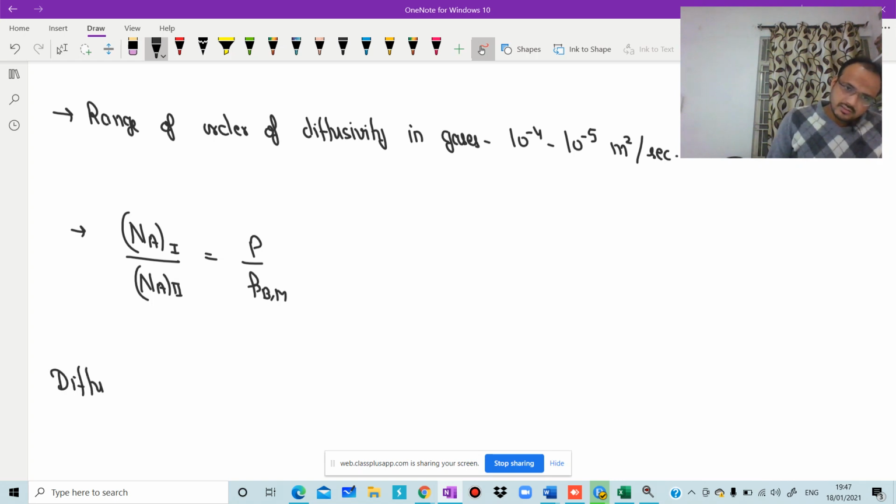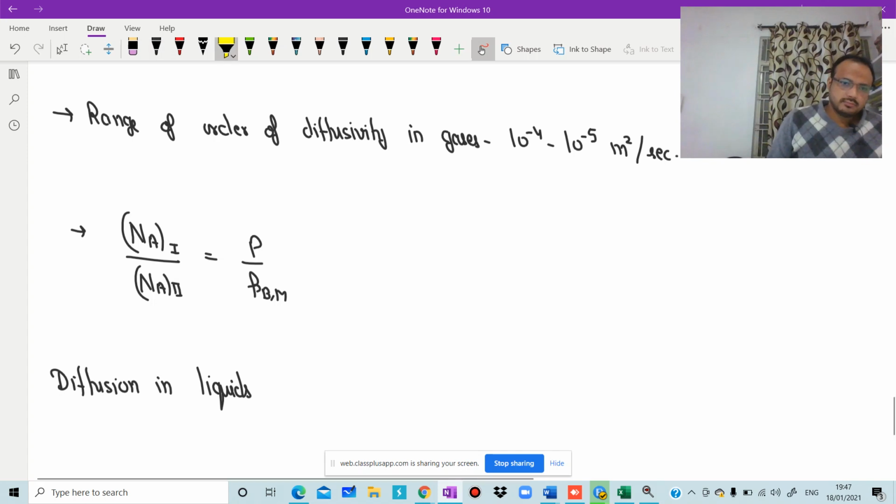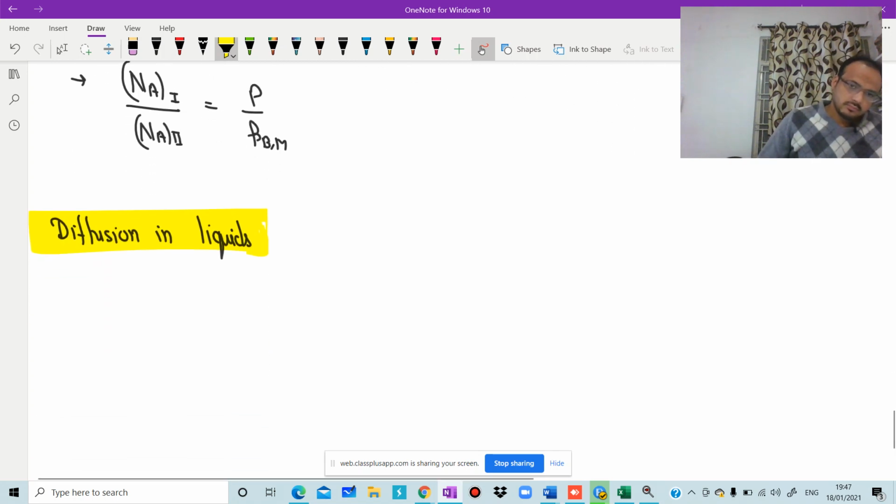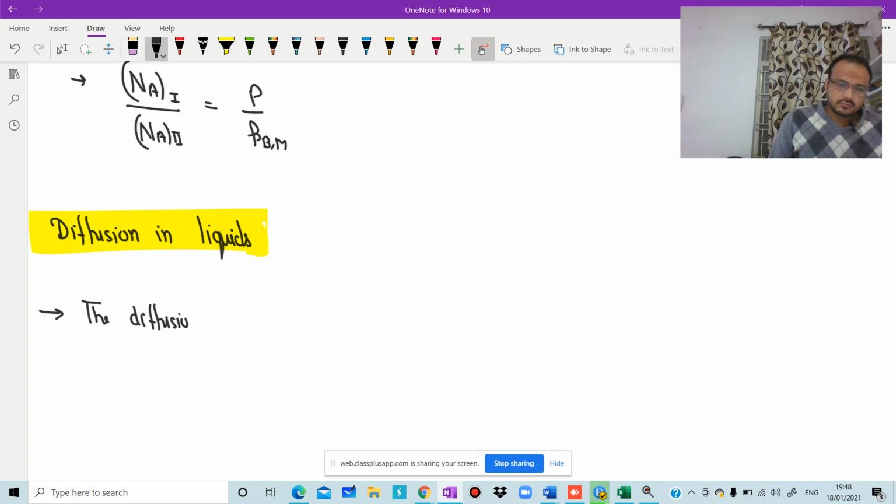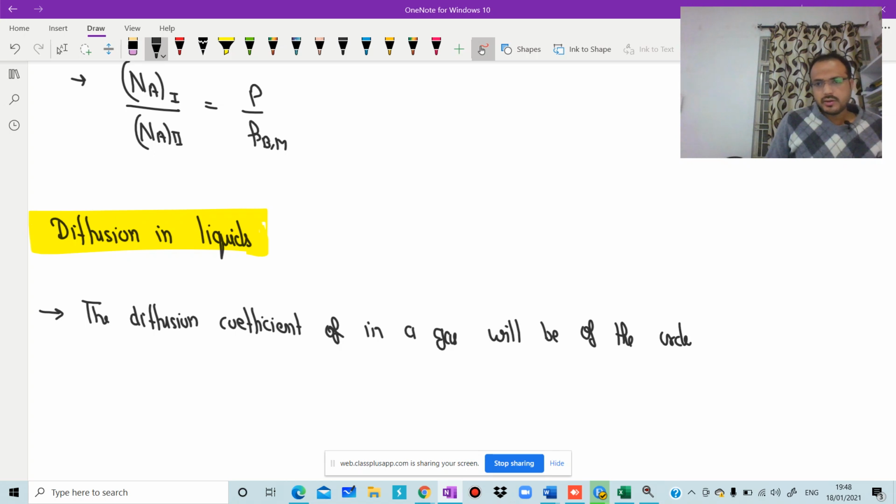Next one is diffusion in liquids. The diffusion coefficient of a gas will be of the order of magnitude of 10 to the power 5 times larger than that in liquid.